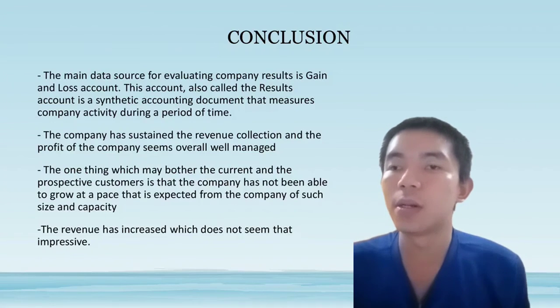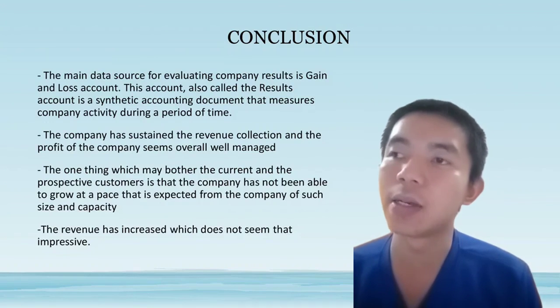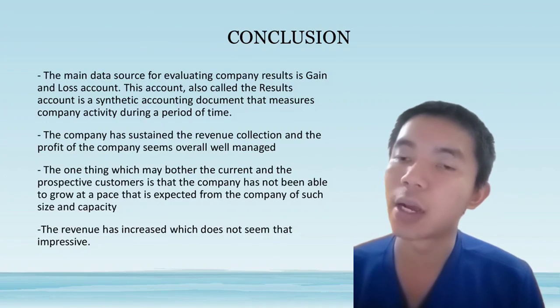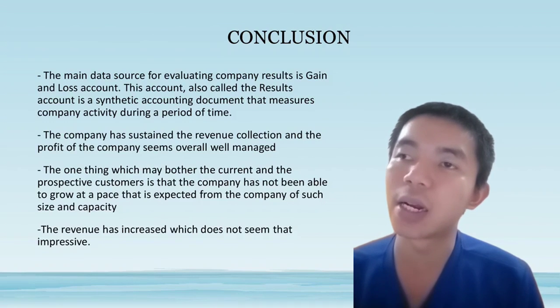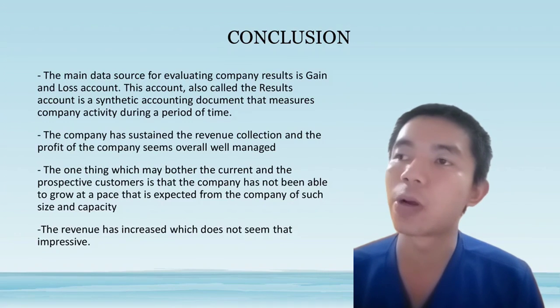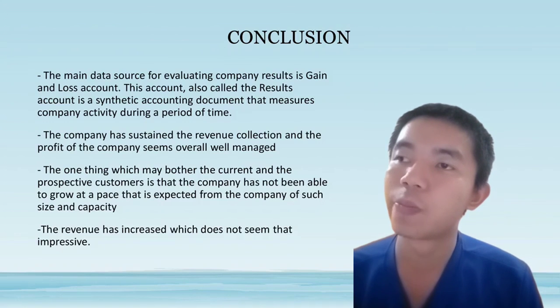In conclusion, the main data choice of eligible computing result is in the gain and loss account. This account also correlates the result account, a synthetic accounting document that measures company activity during a period of time.